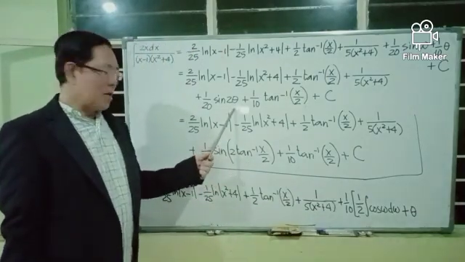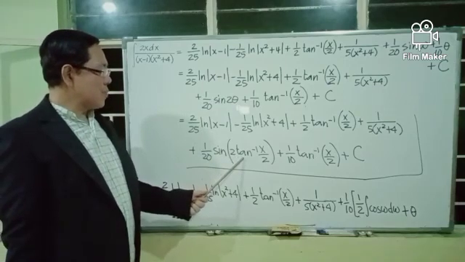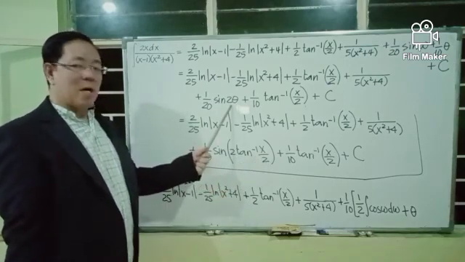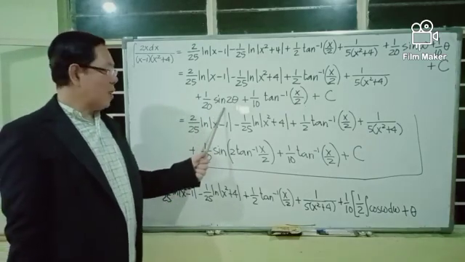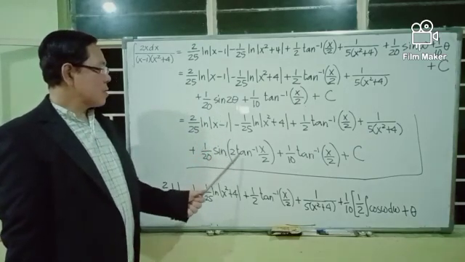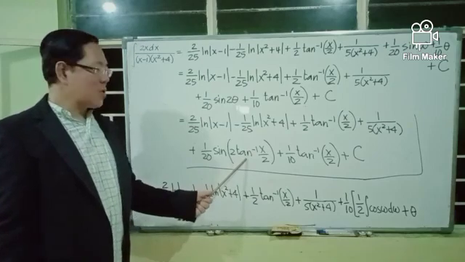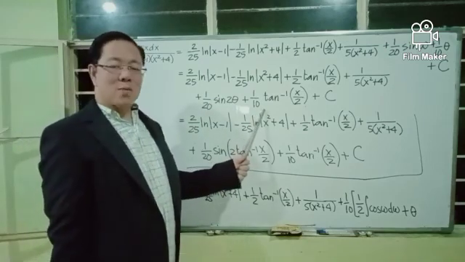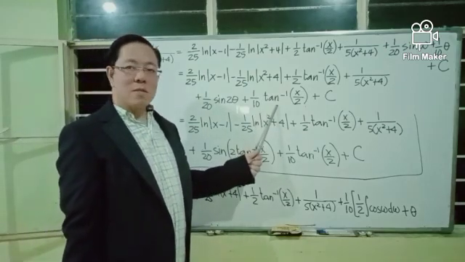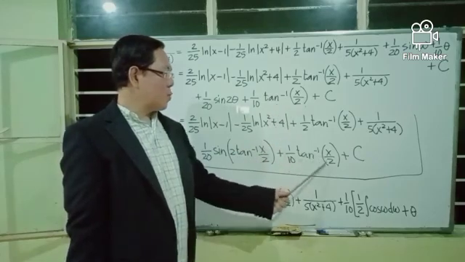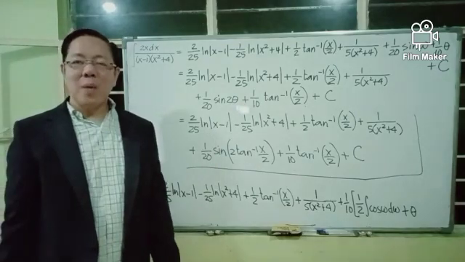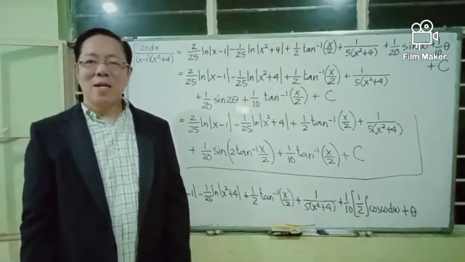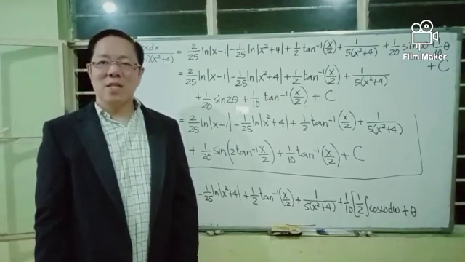From here, theta is replaced with inverse tangent of x over 2 multiplied by 2. So this is plus 1 over 20 times sine of 2 times inverse tangent of x over 2. And the last term is 1 over 10 times arctangent of x over 2 plus c. And this is the complete solution of our first example for integration by partial fraction case 4.